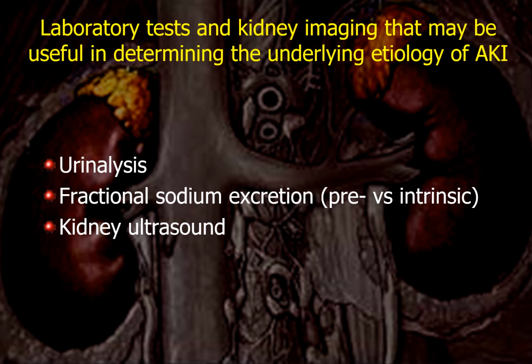What are the laboratory tests and kidney imaging that may be useful in determining the underlying etiology of AKI? We have urinalysis, fractional excretion of sodium, which differentiates prerenal versus intrinsic renal AKI, and kidney ultrasound, and we will discuss this in detail.